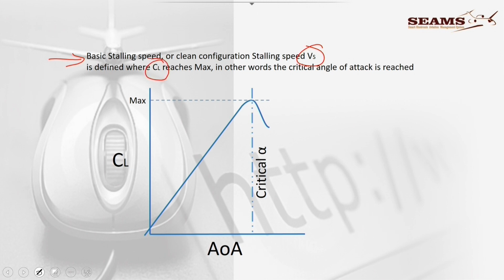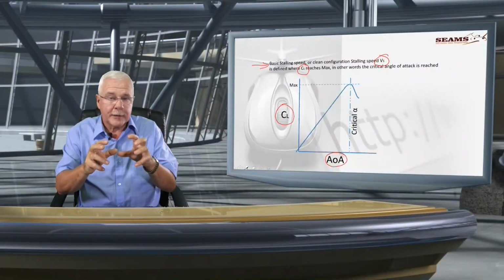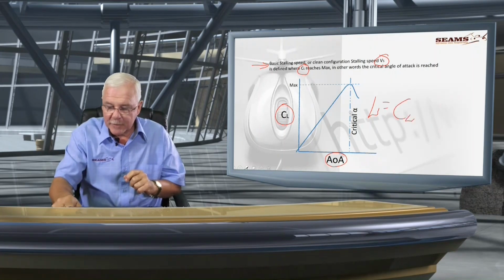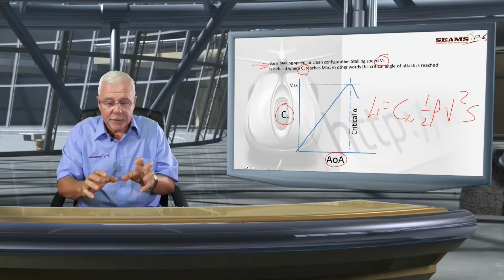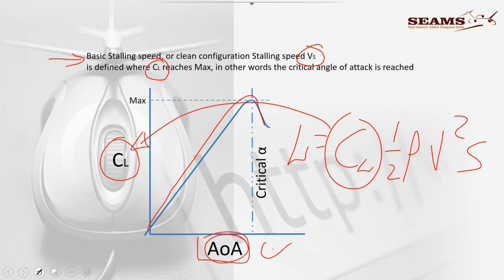Now, if you look here at your angle of attack versus coefficient of lift, remember in the lift formula, lift equals coefficient of lift half rho V squared S, the coefficient of lift is dependent on the angle of attack, or the alpha.